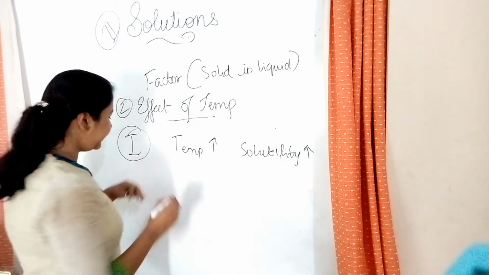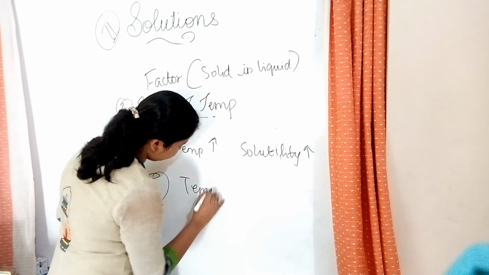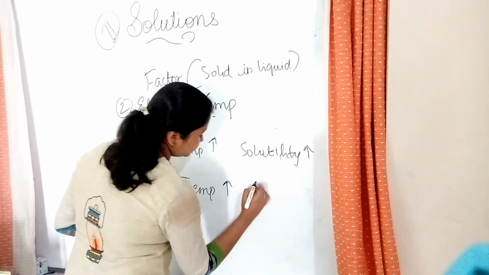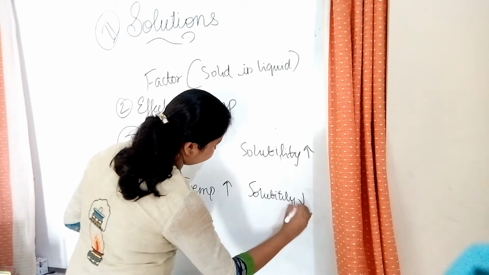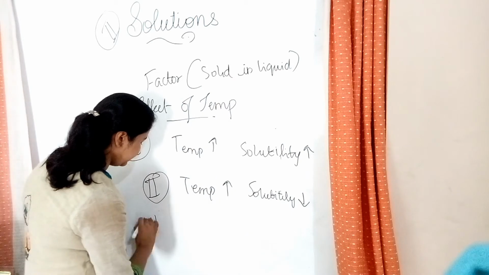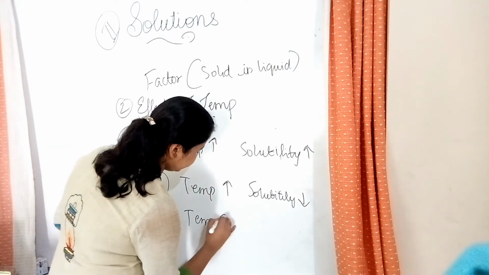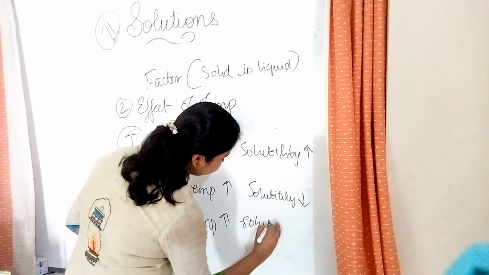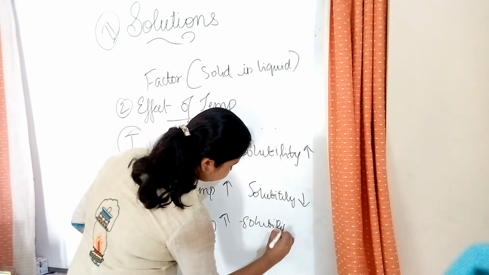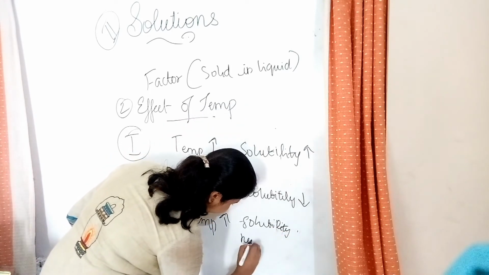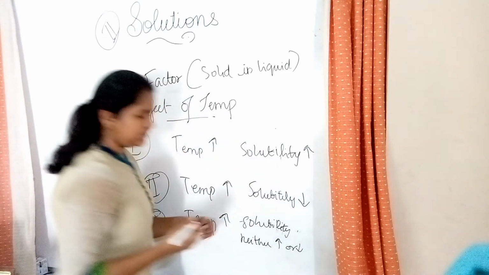The second case: as temperature increases, solubility decreases. And the third case: as temperature increases, solubility neither increases nor decreases. So these are the three cases.